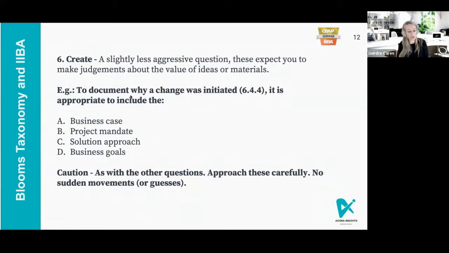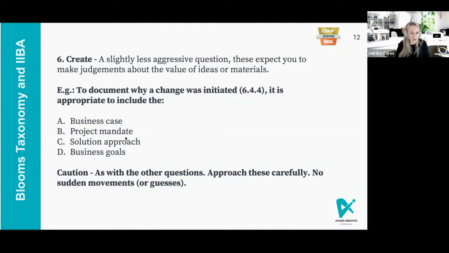So when you use the word to document, it's implying that you are creating something, and the how would be an option. Whereas firstly, project mandate, I'm glad no one put that in there. Those words do not exist in your Babak guide. So if they do, then sorry, but I don't see them anywhere.